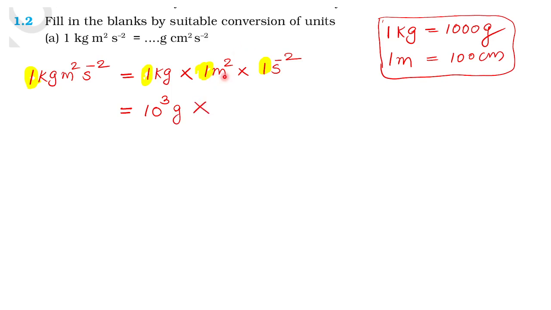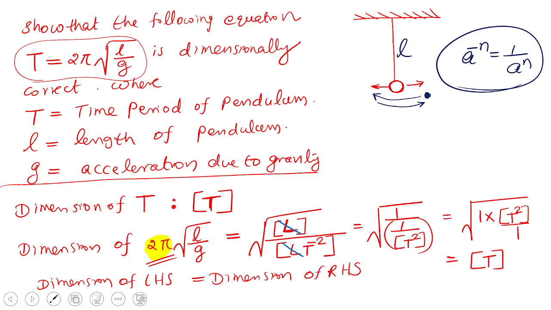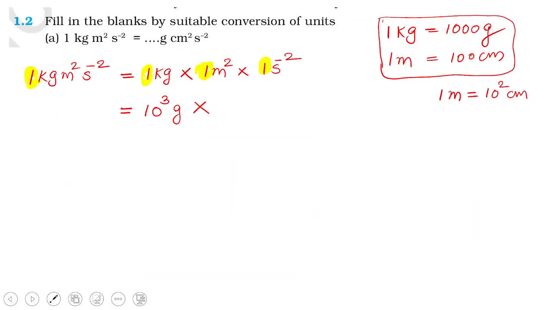1 meter square. I will explain that. 1 meter is equal to 100 centimeter, that is 10 square centimeter, on the right side. You studied that. But I want 1 meter square, so square both sides.